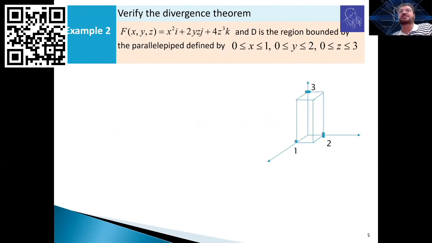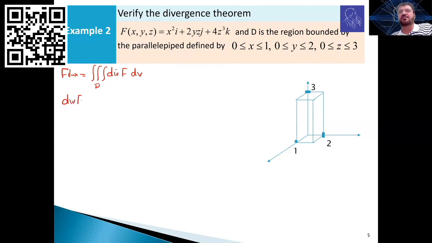The second one says, verify the flux. Okay, flux. It's equal to the triple integration over the region D of the divergence of F dV. Let's look at the divergence of F, guys.